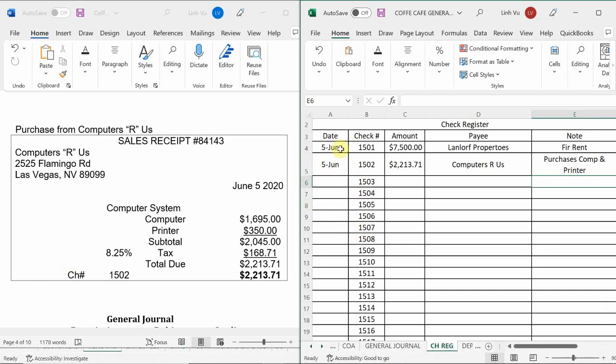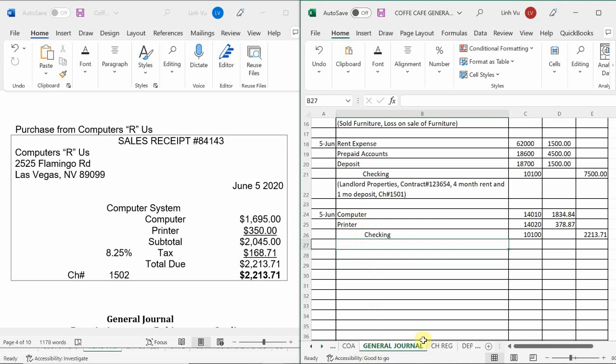So now that I can confirm that I wrote check number 1502, then I can go ahead and finish off my description. So in this case, who did I buy this computer system from? We purchased it from Computers Are Us. Okay? What was proof that my transaction actually occurred? I have a sales receipt, sales receipt number 84143.